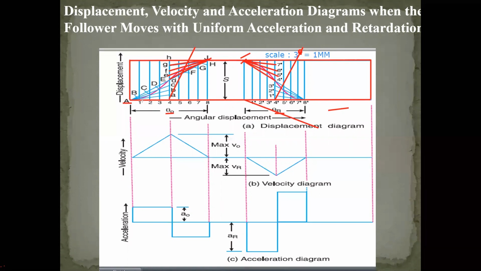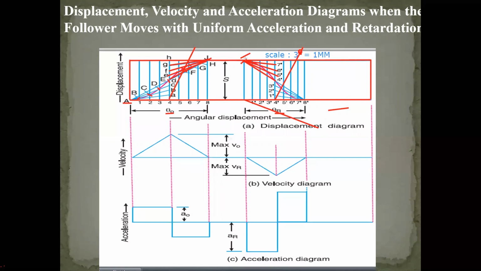Now you are going to see the intersections of 1A and 2B and 3C and 4D, 5E and 6F and 7G and 8H.